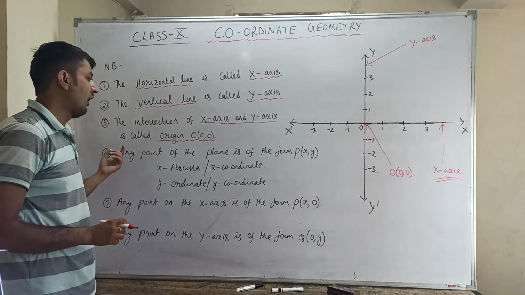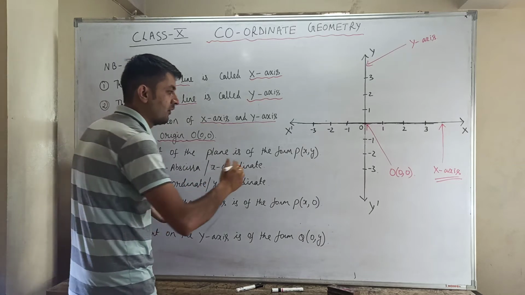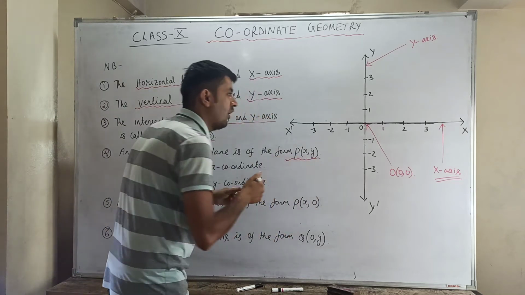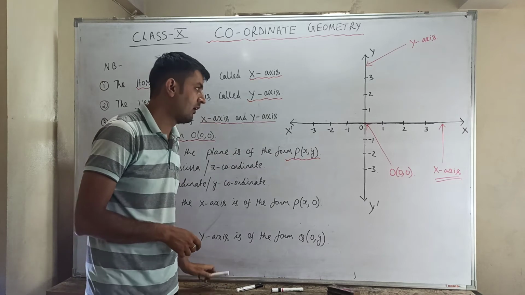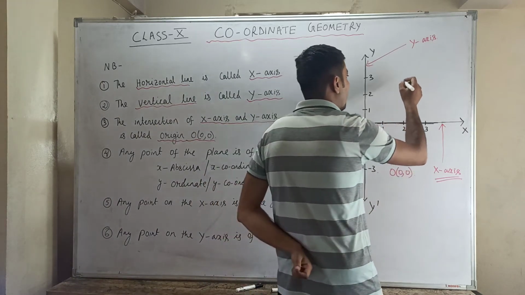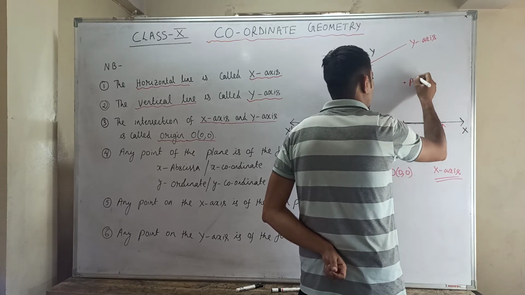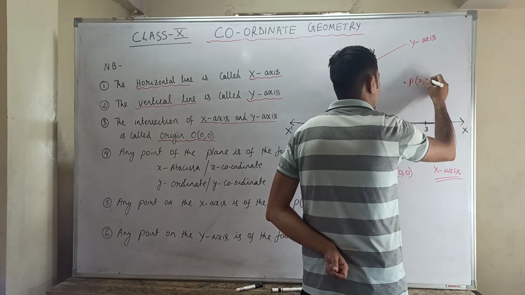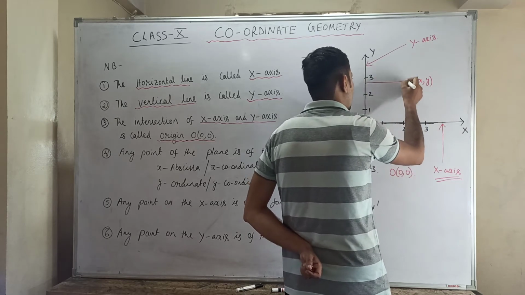Then next, any point on the plane is of the form P(x, y). Now, how did you get this P(x, y)? Suppose I take one point here, P. Now what you do, you draw the perpendicular this way and this way.